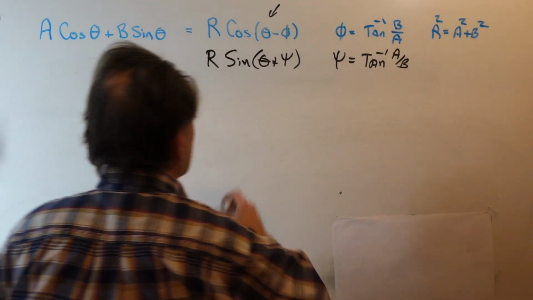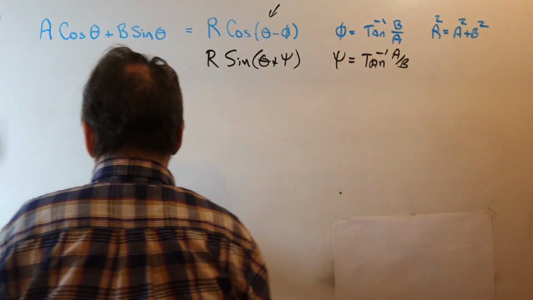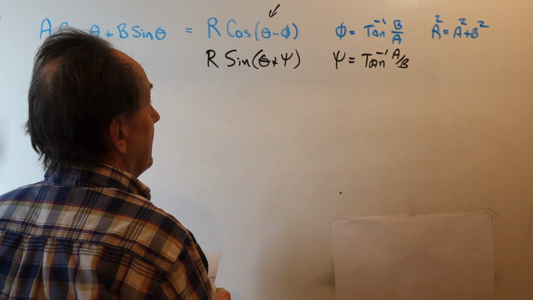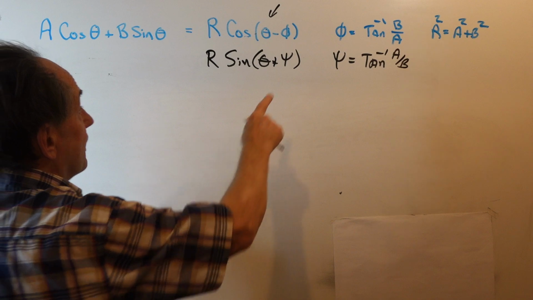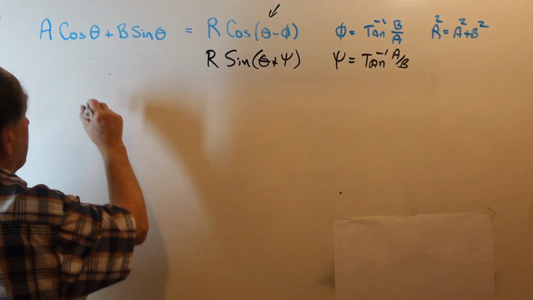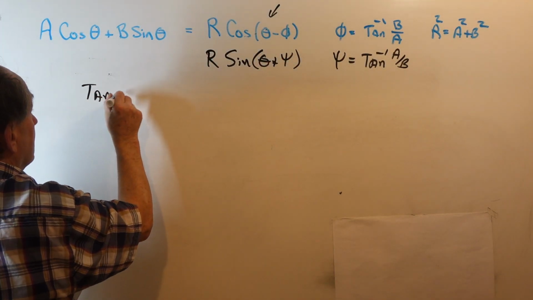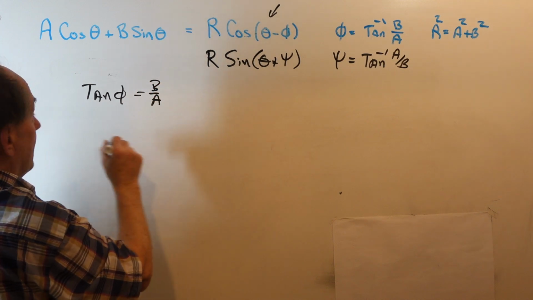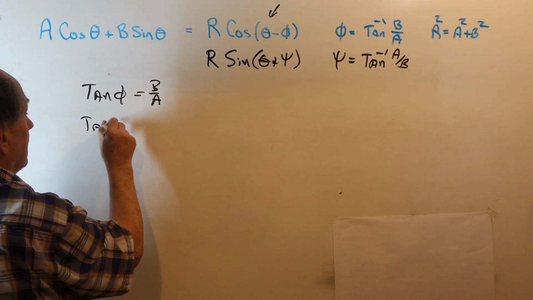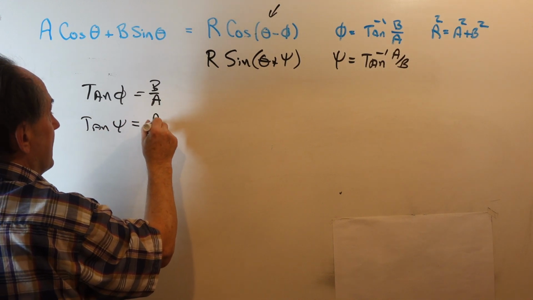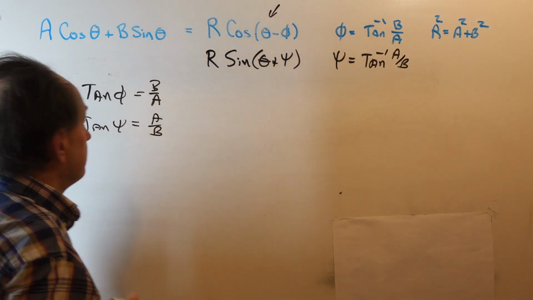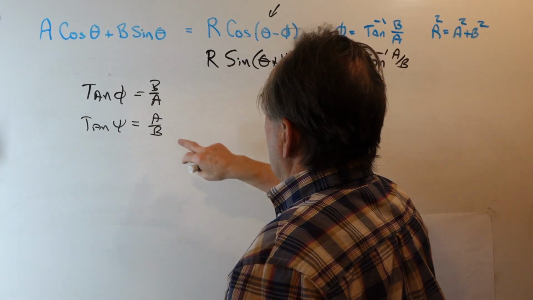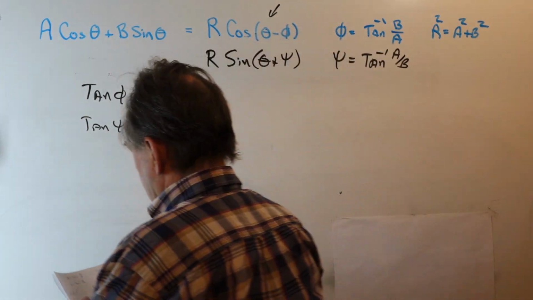Now let's look at these, the phi and the psi. Take the tangent of both sides, so we can write this as tangent phi equals b over a, and the tangent of psi is a over b. Now, these are reciprocal. We can see that.